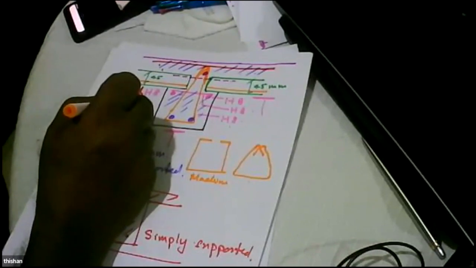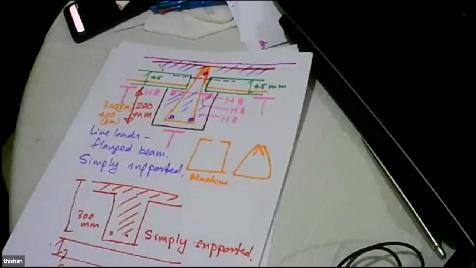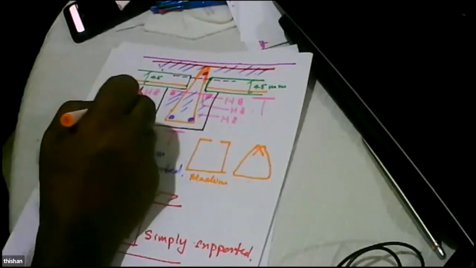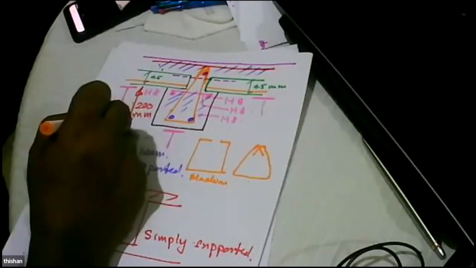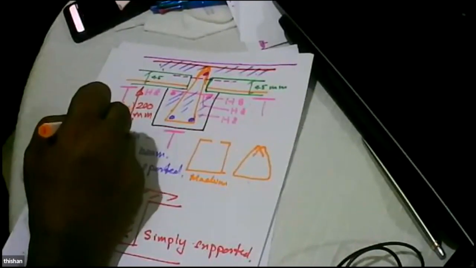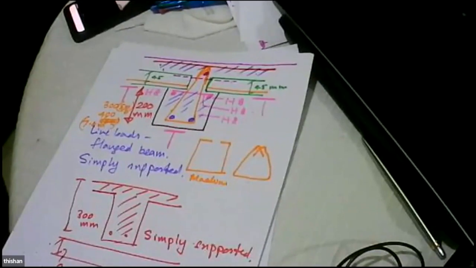For about 5 meters, we can go for this. And 5 to 6 meters, we can go for 300. And about 7 to 8 meters, we can go for 400. So you can see.